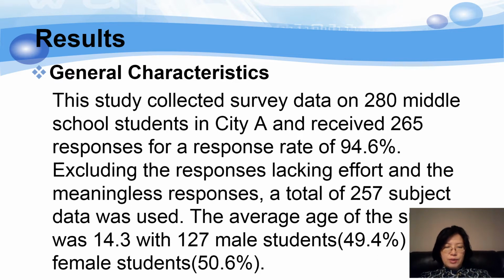Excluding the responses lacking effort and the meaningless responses, a total of 257 subject data was used. The average age of the students was 14.3, with 127 male students and female students.